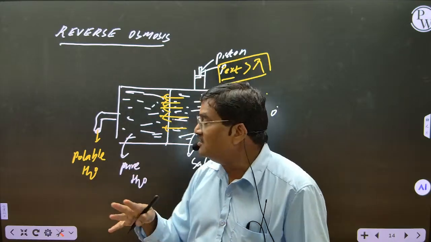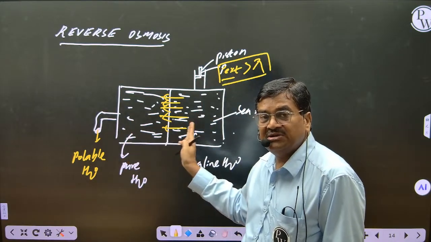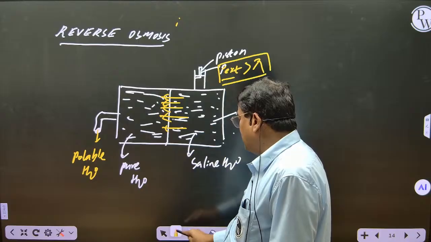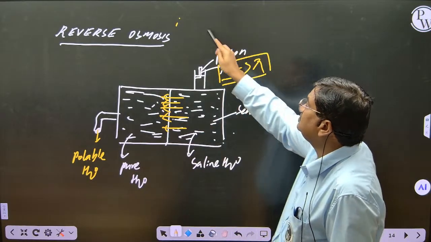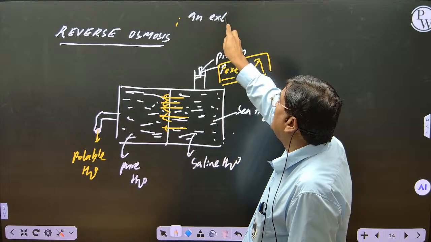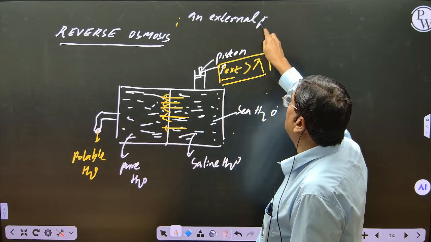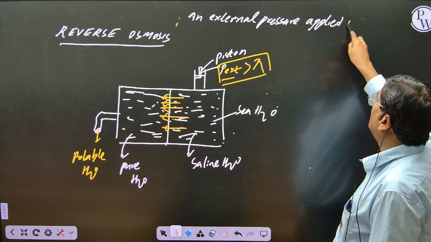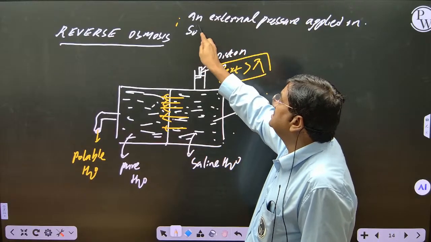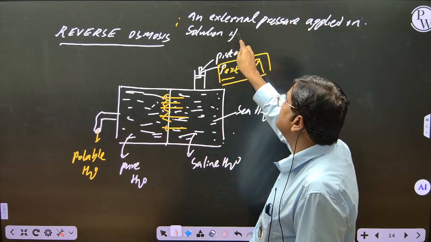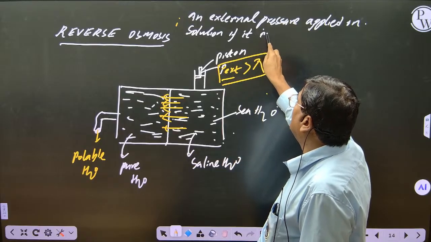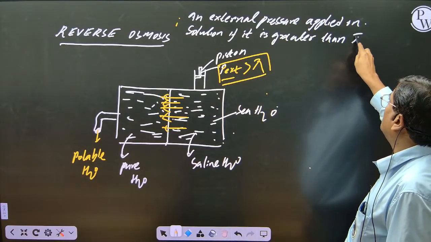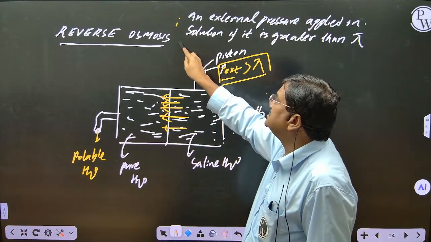Then only what happens? Solvent molecules from solution will pass into pure water. Hence the definition: if an external pressure applied on solution is greater than osmotic pressure, which I abbreviate with pi, then reverse osmosis takes place.